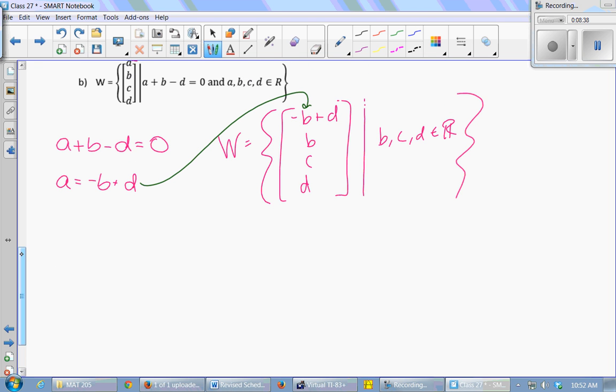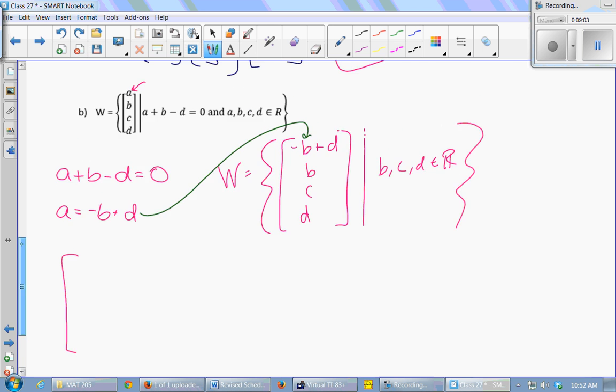So a spanning set for this would be what? So look at W the way we've rewritten it.